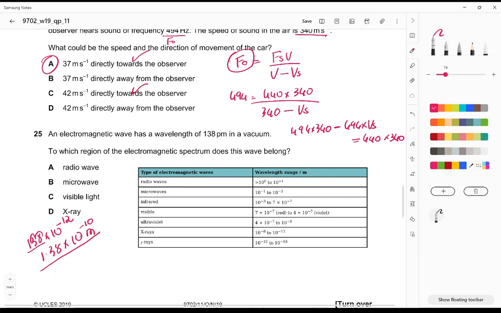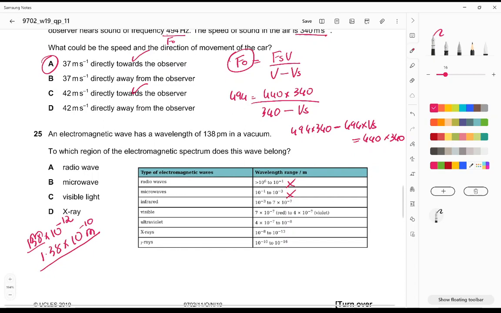And we need to find which region this is. Let's look at radio waves first. Radio waves start from 10 raised to power minus 1 and go beyond 10 raised to power 6, so this cannot be radio waves. How about microwaves? No, microwaves is also not an option.